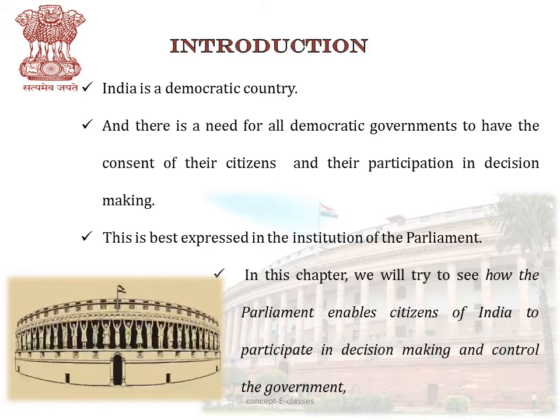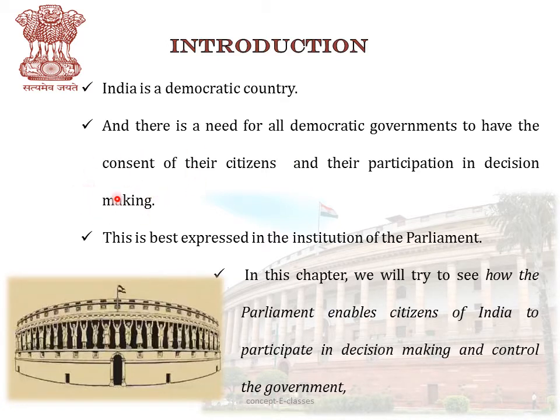We know that our India is a democratic country. The constitution has given the citizens the power to choose the government. Hence, there is a need for all democratic governments to have the consent or approval of their citizens and their participation in decision making.